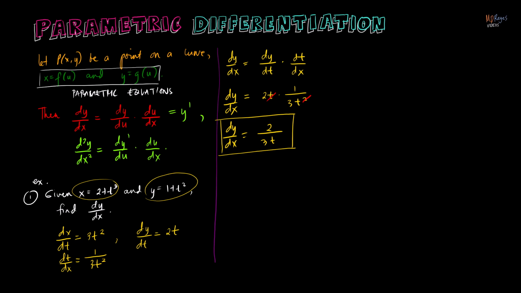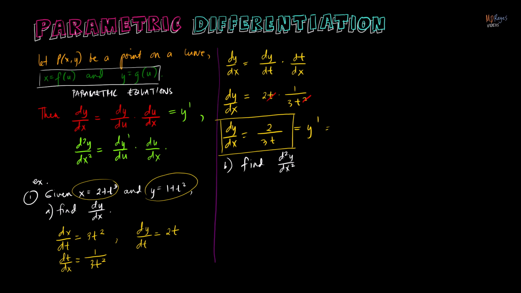So you see here, the first derivative of y with respect to x is still in terms of the same parameter. Now if we have a follow-up question and we want to find the second derivative of y with respect to x, we use the formula dy prime over du times du over dx, where y prime is of course 2 over 3t.